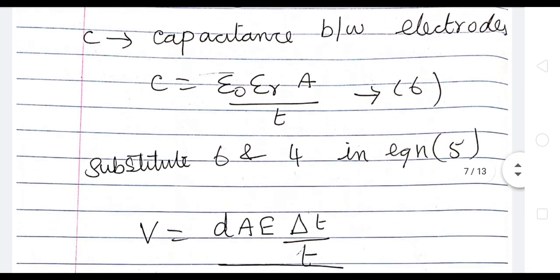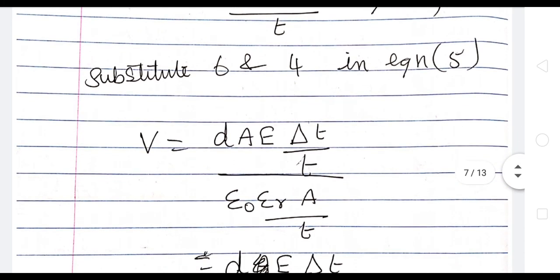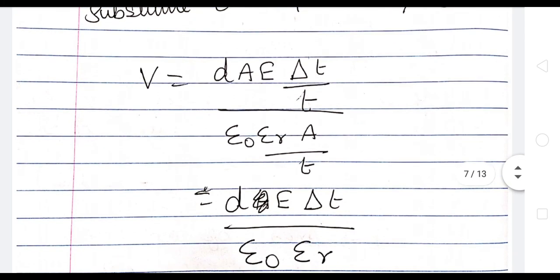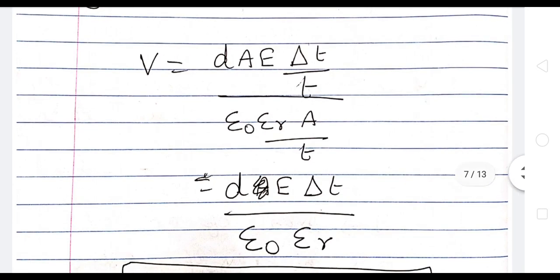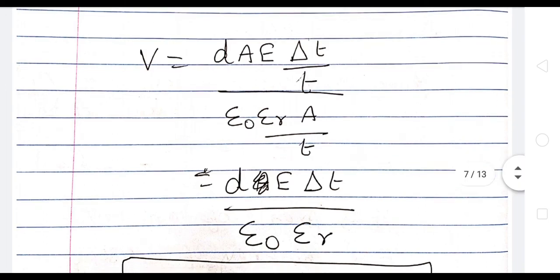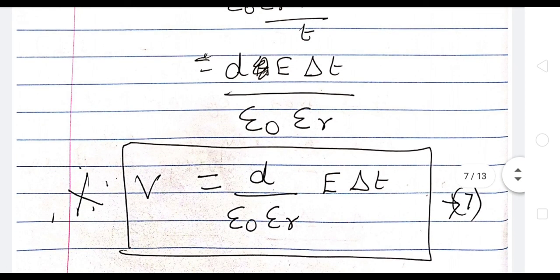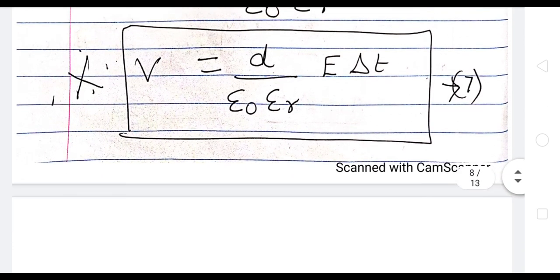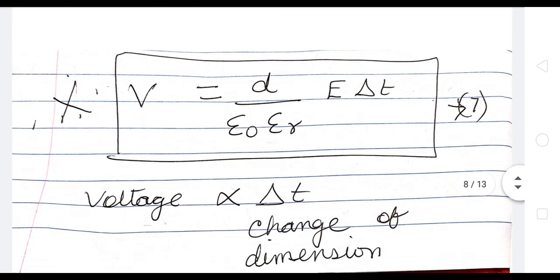Now substitute equation 6 and equation 4, that is the value of Q and C, in your equation 5. From this we can obtain V, where we can cancel T. So now we can obtain D into E del T by epsilon naught epsilon r. Our voltage can be obtained as D by epsilon naught epsilon r into E into del T. So the voltage is directly proportional to the change of dimension.